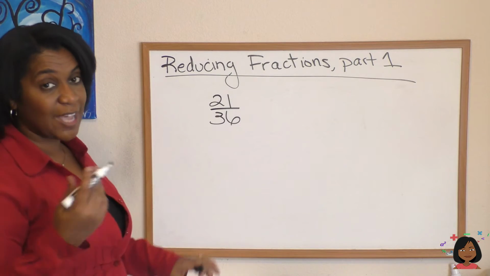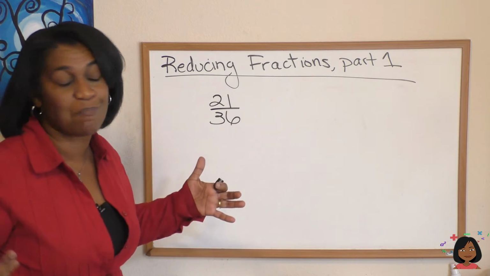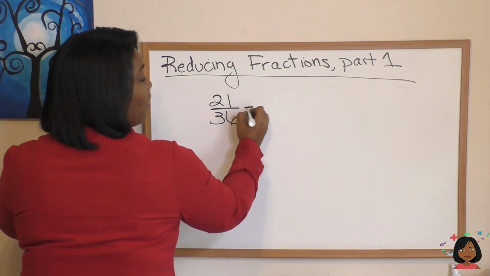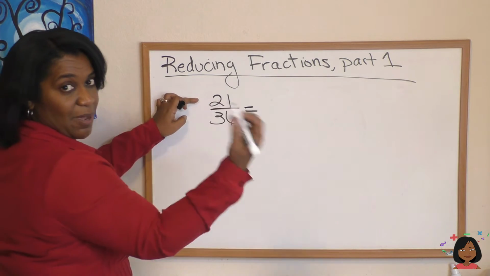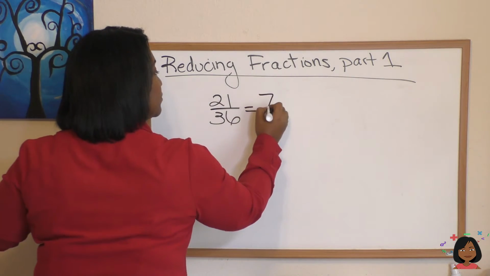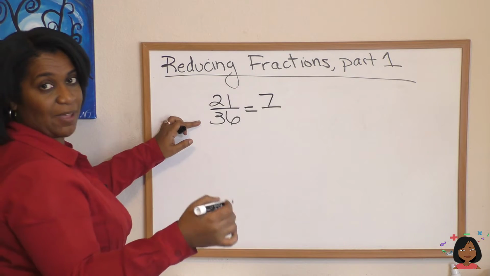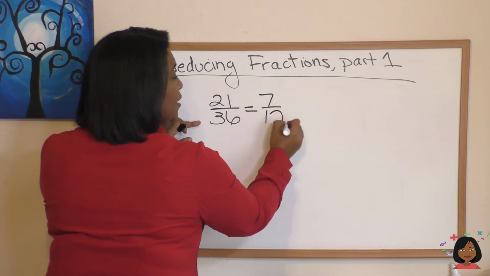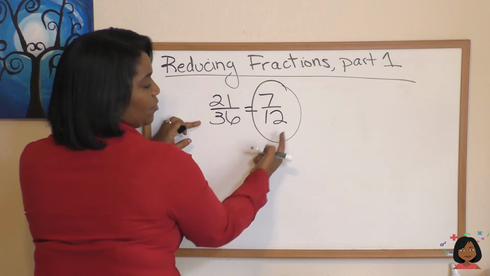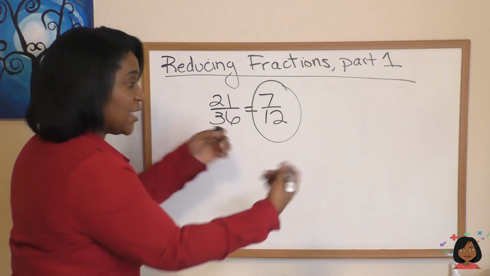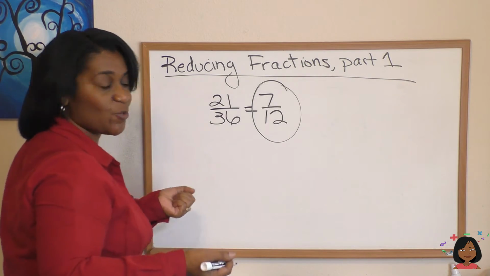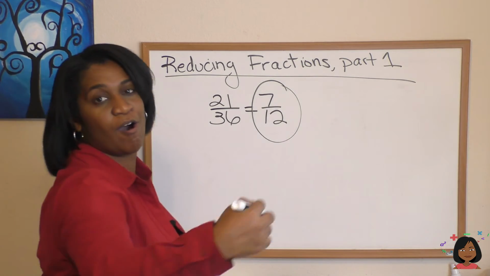I know that 12 times 3 is 36, so 3 goes into both of them. So let's just do the math mentally. 21 divided by 3, 7. 36 divided by 3, 12. I do my check and I say, there's no other numbers that go into both of these. Yeah, I made it, 7 over 12, and I didn't have to write a long thing.